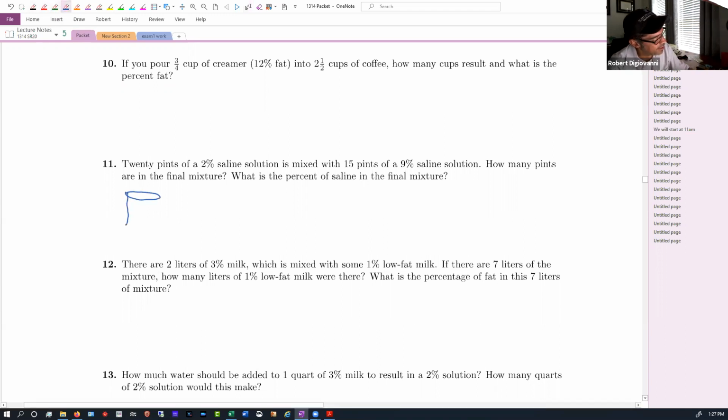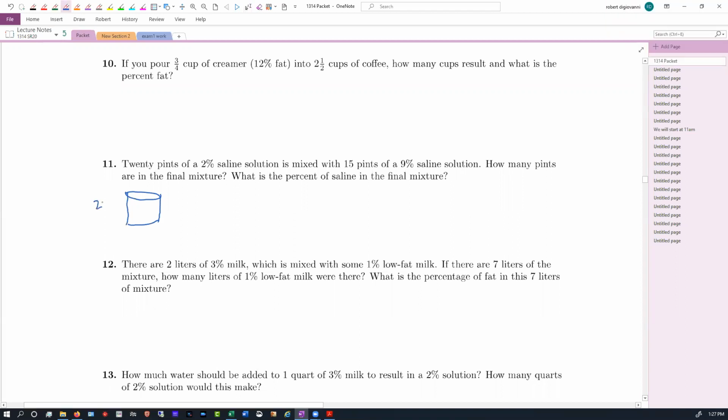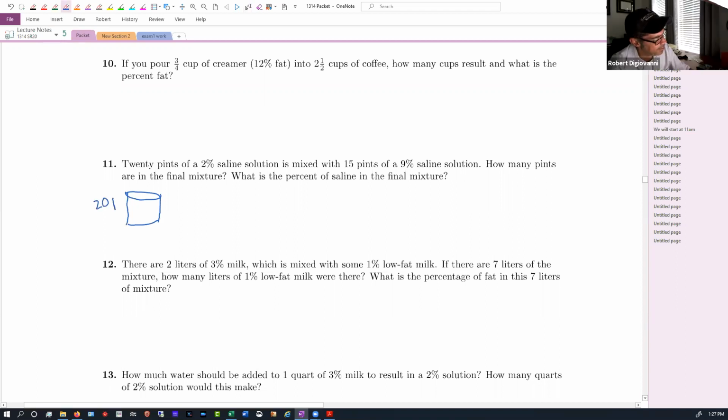I have this container. How many pints are in the first container? 20, right? So we have 20 pints. I'm going to put 20p. And what is the percentage? 2%, right? And we're going to be adding that to another container that has 15 pints of 9% saline solution.